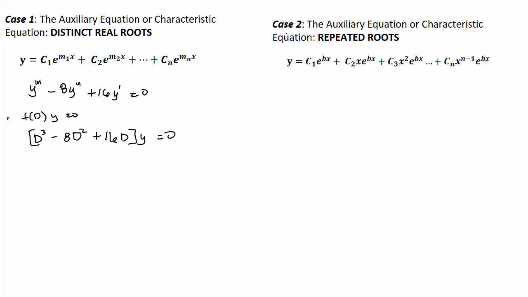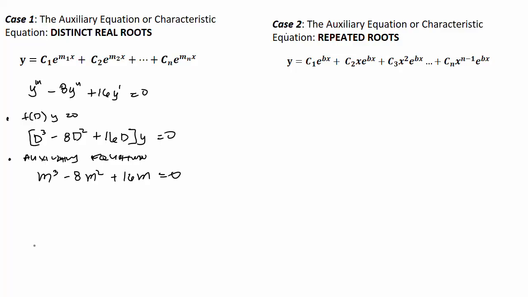And if we get the auxiliary equation, we have m cubed minus 8m squared plus 16m is equal to 0.